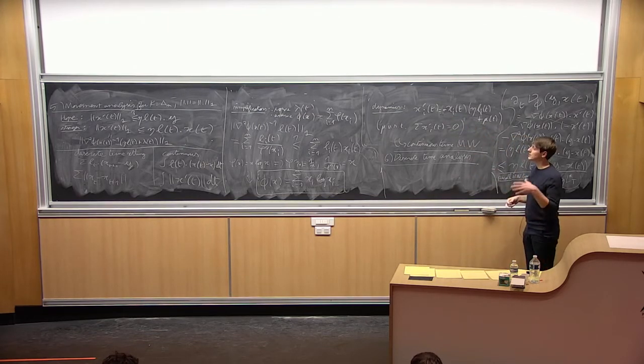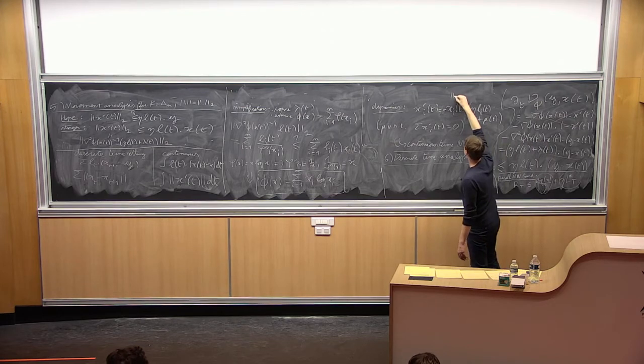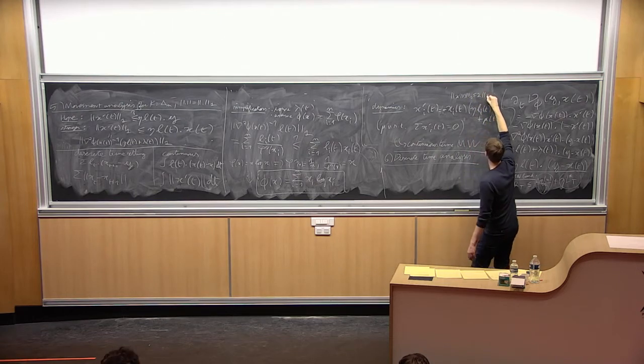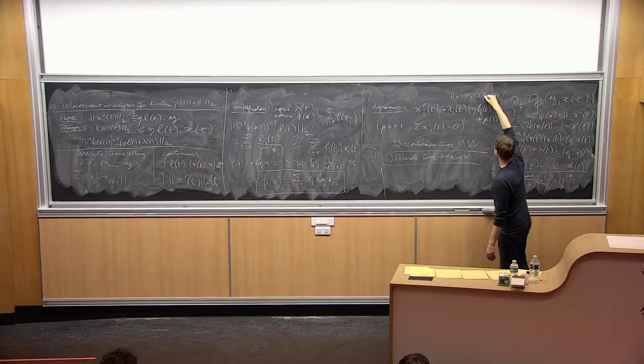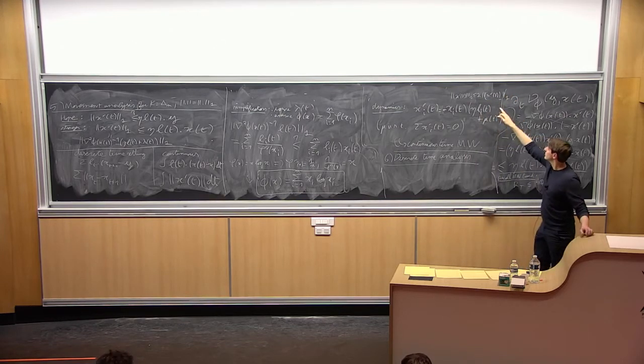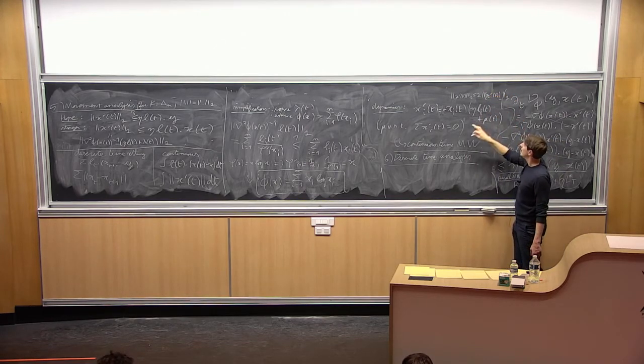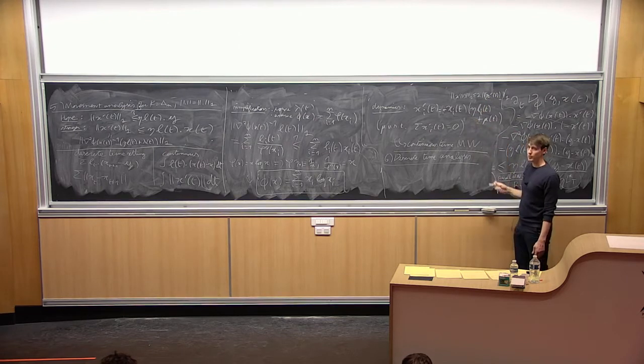So I can just look at the negative part of the movement, right? Because of course the L1 norm of x prime is bounded by 2 times the L1 norm of the negative part. So up to a factor of 2, I can just focus on the negative part. And in the negative part, I can ignore the Lagrange multiplier.